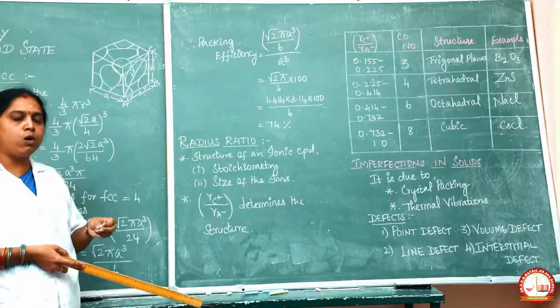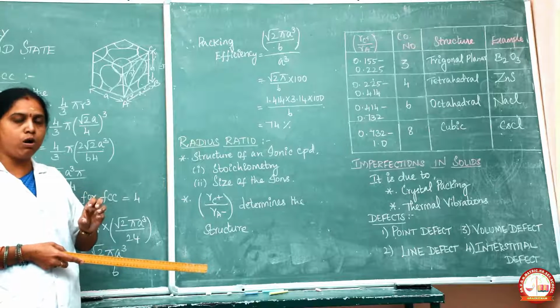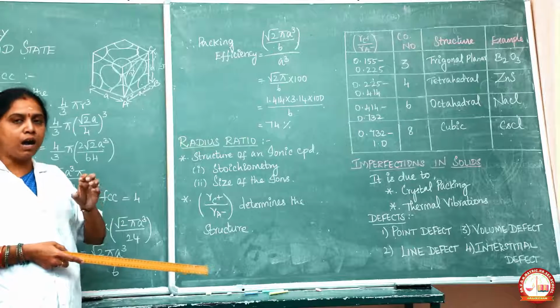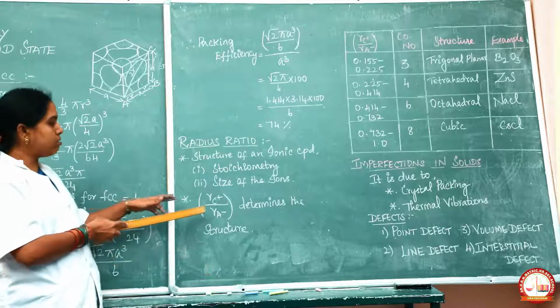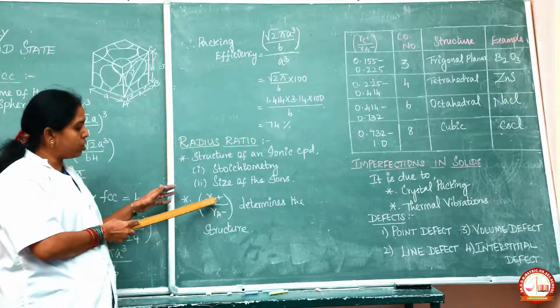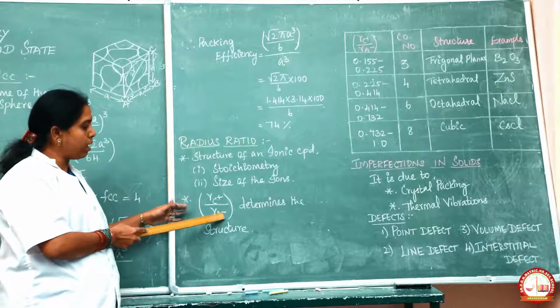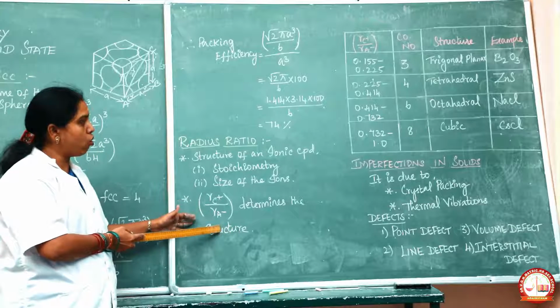As we know, in an ionic crystal the cation size is very small and the anion size is very large, as assumed according to Fajan's rule. The ratio between the radius of the cation and the radius of the anion determines the structure of an ionic compound.